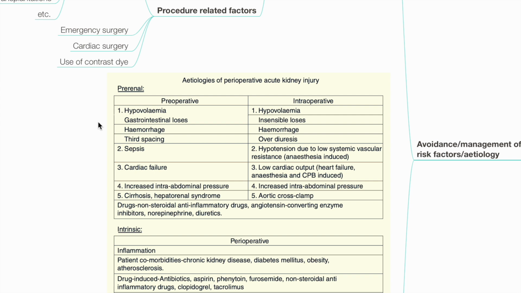Examples of pre-renal causes of AKI include hypovolemia, sepsis, cardiac failure, increased intra-abdominal pressure, cirrhosis and hepatorenal syndrome, aortic cross-clamp, hypotension, and nephrotoxins.